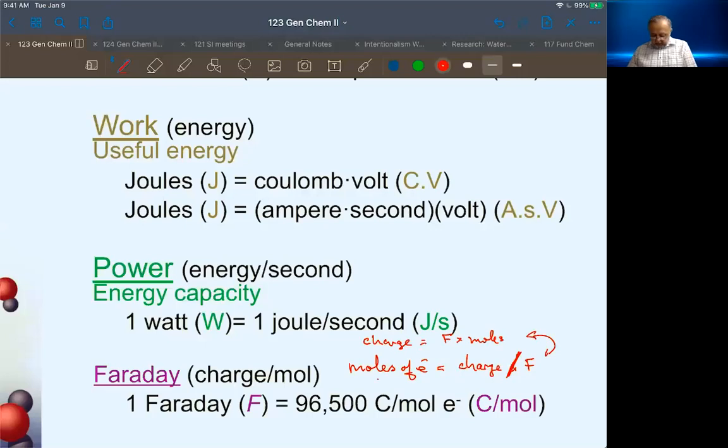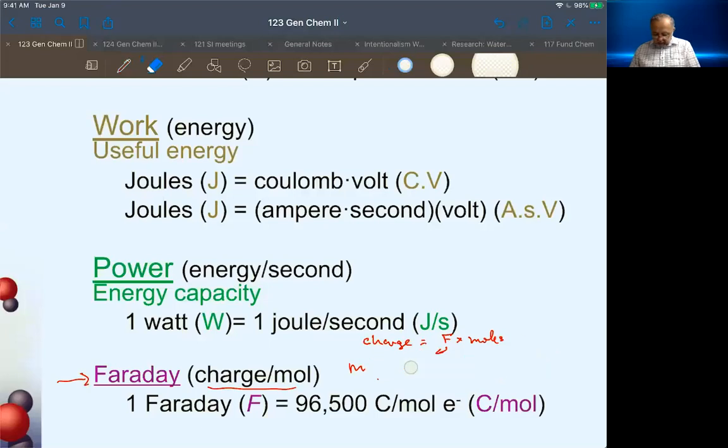So we're sending the Faraday to the other side, dividing. This constant here, which is charge per mole, is going to allow us to transform a charge into number of moles, which is going to be important when we try to calculate the quantities that we need to have in a cell to be able to produce so much charge.